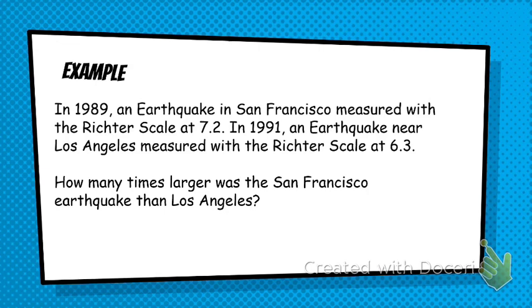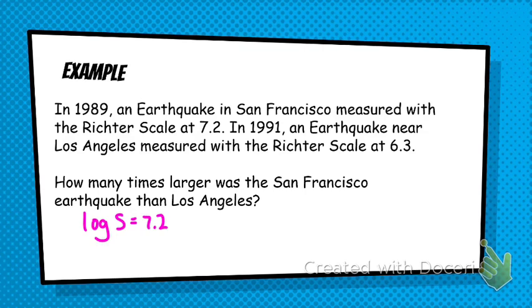scale at 7.2. So the Richter scale of 7.2 tells me that the log of the size of the San Francisco earthquake, I'm going to say log of S, because I don't know what the size is, all I'm given is the Richter scale, measures 7.2.